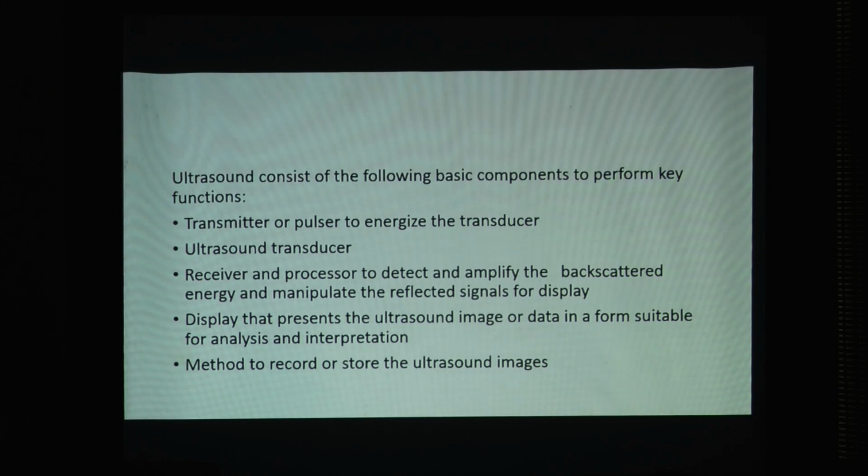So, ultrasound consists of the following basic components. One is a transmitter or pulsar to energize the transducer, ultrasound transducers, then a receiver and processor to detect or amplify the backscattered energy and manipulate the reflected signals for display. The display mechanism is by computers, and you get an image, or the data can be analyzed for interpretation or recorded.